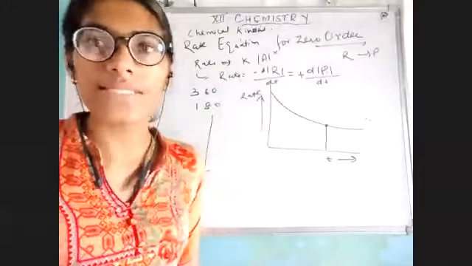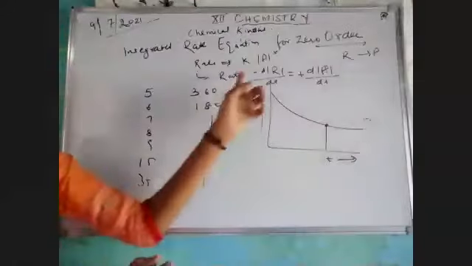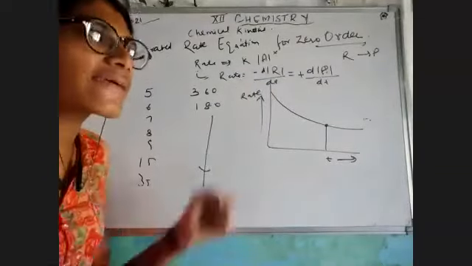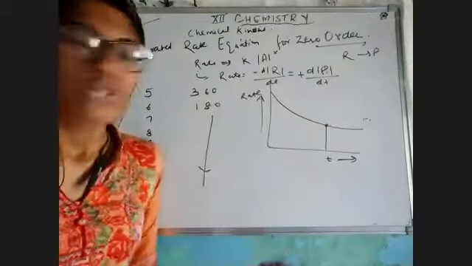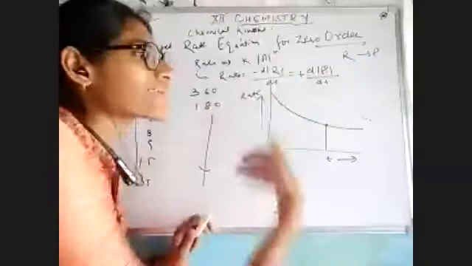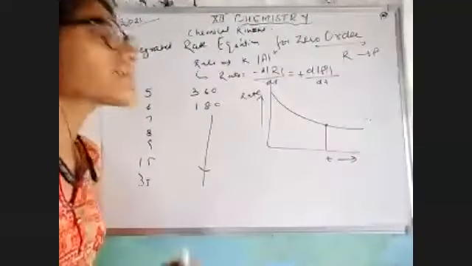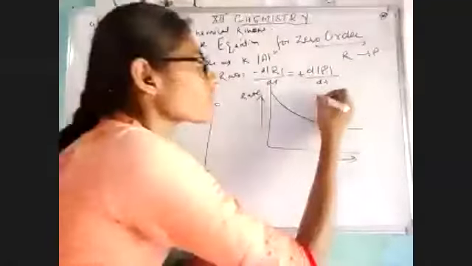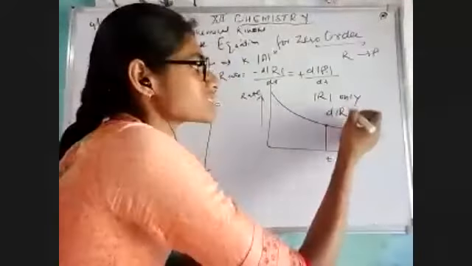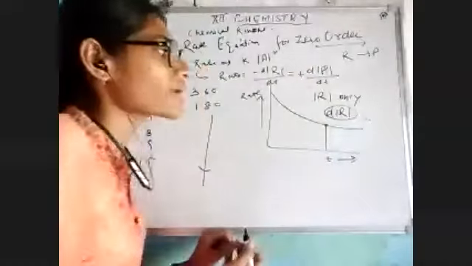For making our concept easy, we would just integrate it. Integration means what we study in mathematics, differentiation and integration. So we are just going to integrate it so that the differentiation would be cancelled out and we will get our result in the form of R only, not in the form of dR, because dR is very difficult to interpret on a graph.